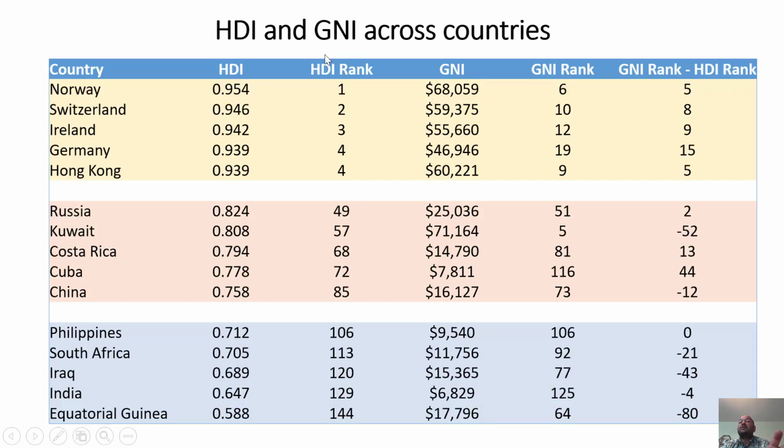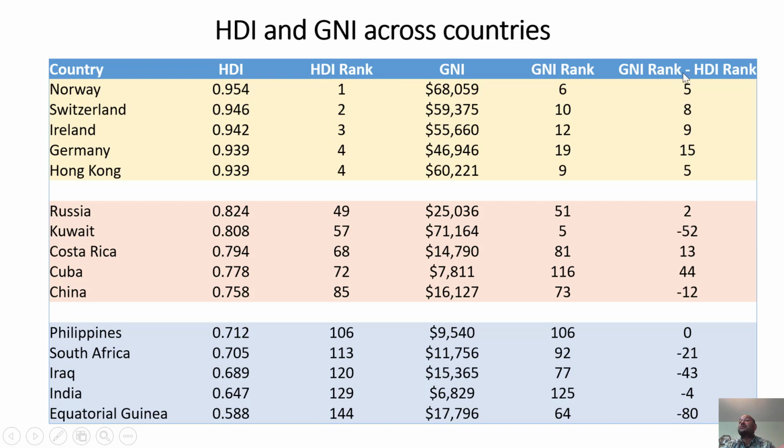What's really interesting also is if we take a look at individual countries, and here they've got these grouped basically by their development level. And if we take a look at the ranking in both HDI and in GNI. So, Norway, for example, has the top rank in HDI, 0.954, really close to 1. But their GNI is ranked 6 in the world. So there are 5 countries that have more income, but they are not as highly ranked in terms of HDI.